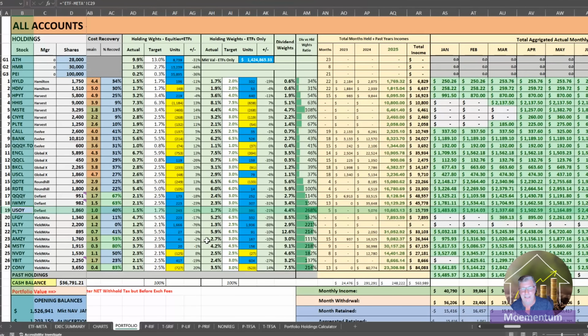Just in covered call ETFs alone, there are so many different strategies that each ETF manager runs that the underlying is only one factor of diversification. And we already talked about it earlier, Mo. For example, Harvest and Hamilton and Evolve, their ETFs are very conservative. They basically only write contracts on 30 to 50% of their underlyings.